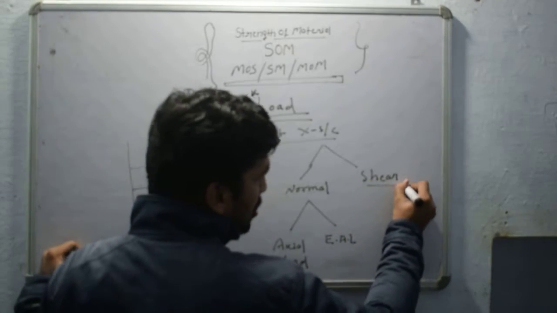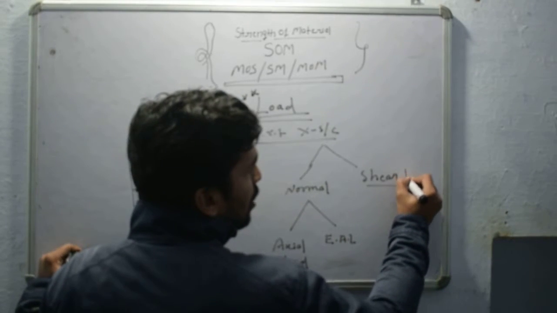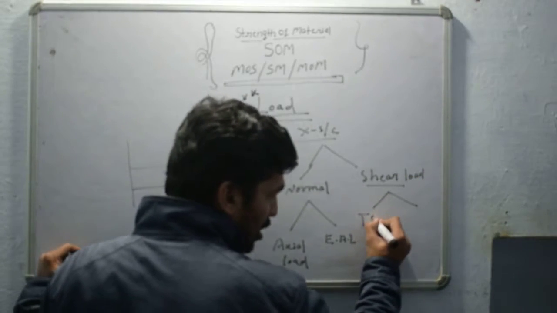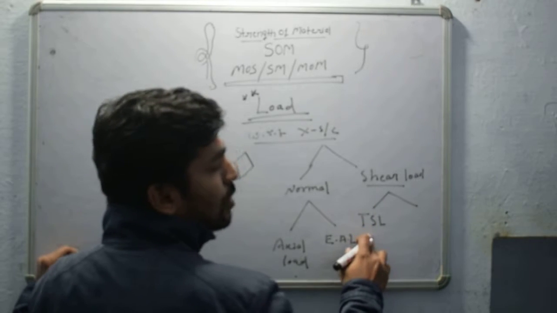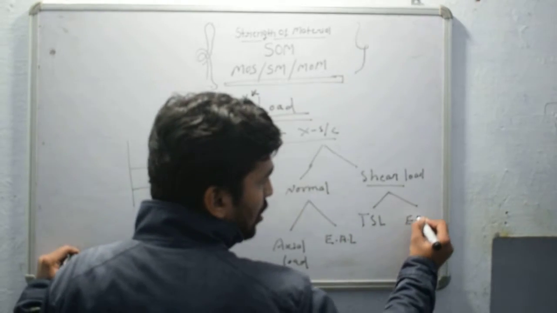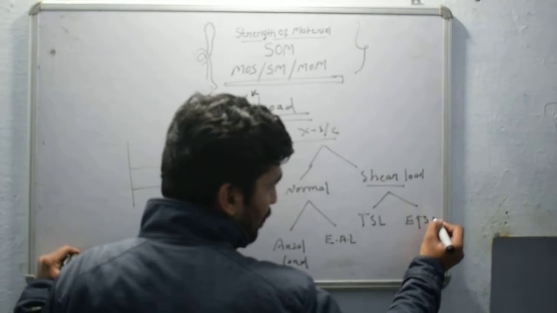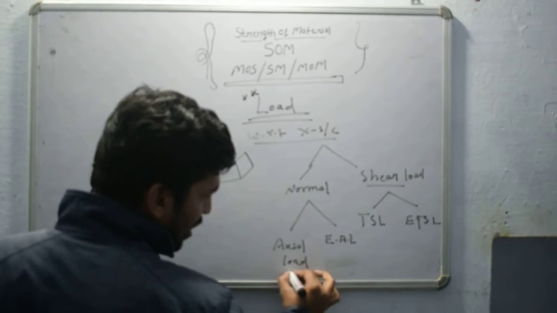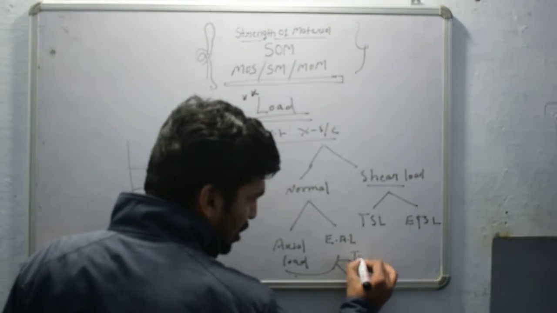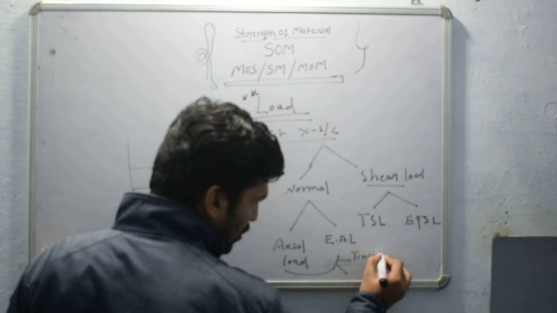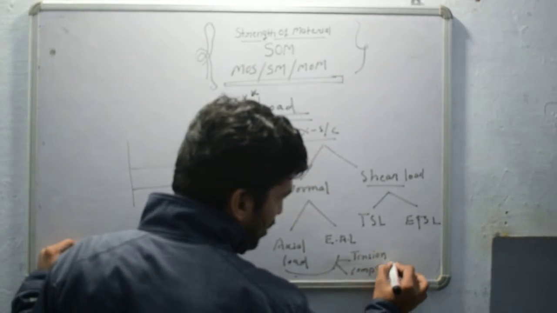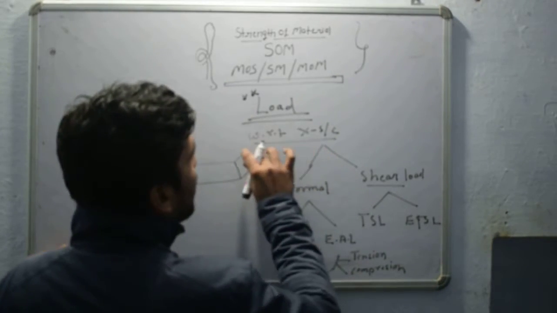Under the category of shear are TSL, transverse shear load, where T stands for transverse, and eccentric transverse shear load. And here there can be any kind of tension or compression. So this is the complete classification based on the cross section.